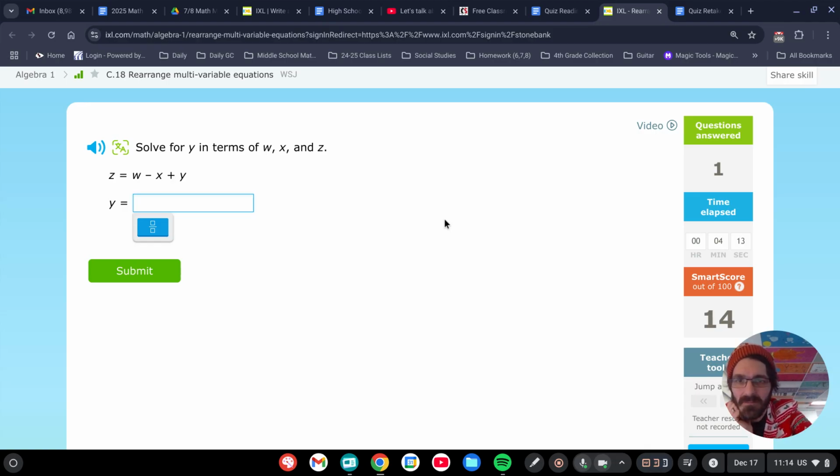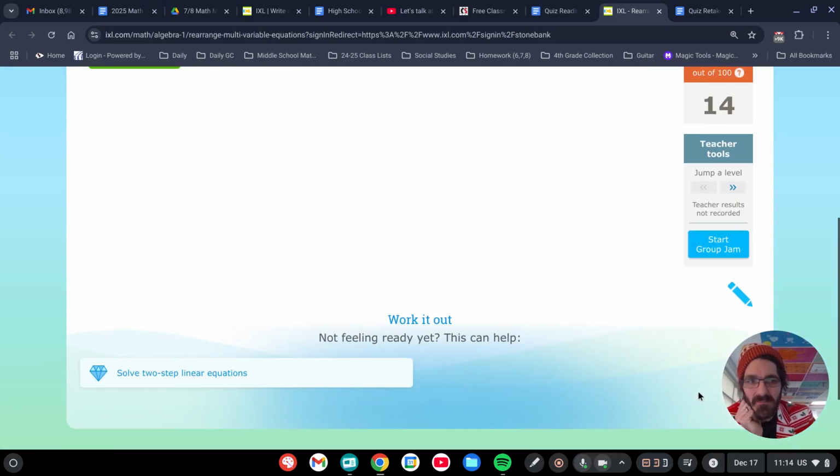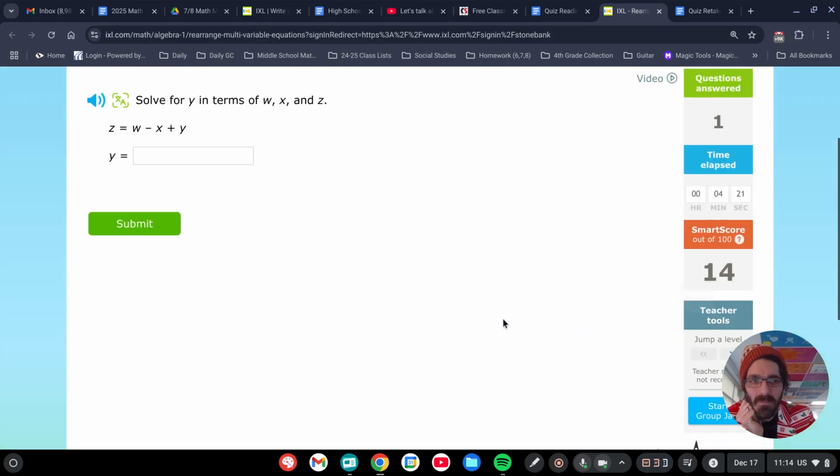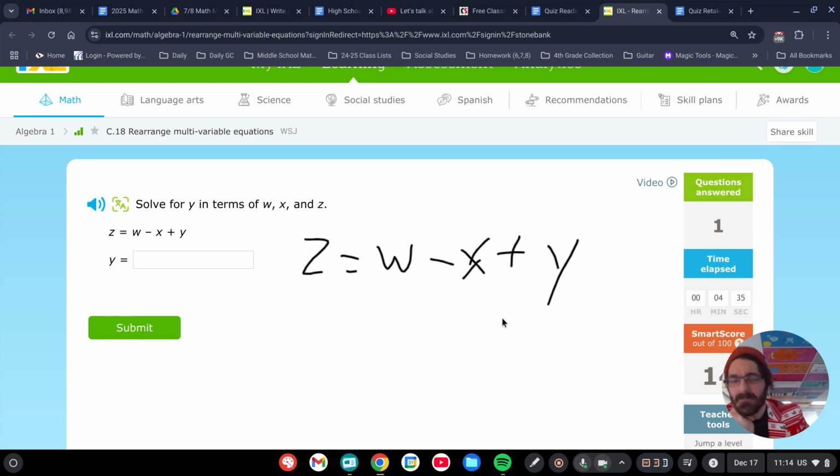Here we have Z equals W minus X plus Y. Okay, that's an X. We want to solve for Y. You can see here.